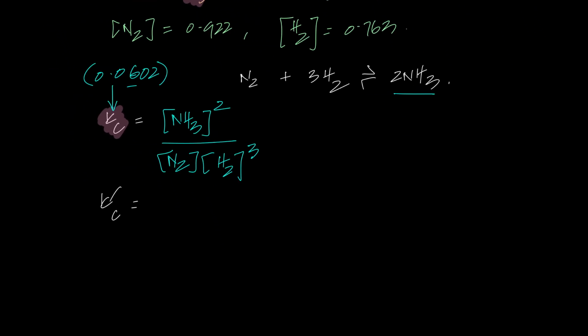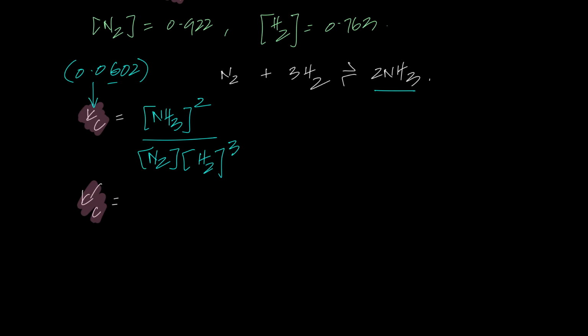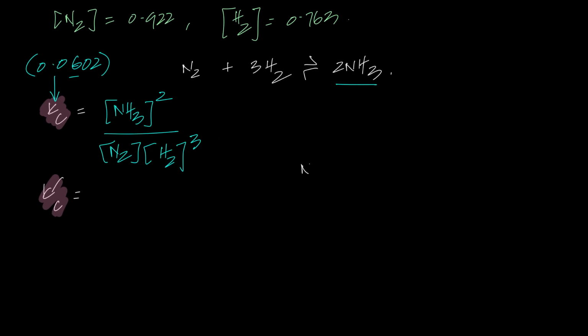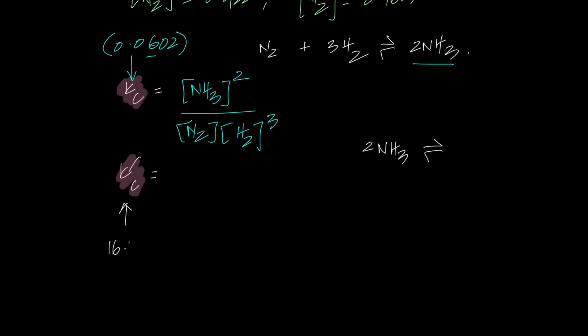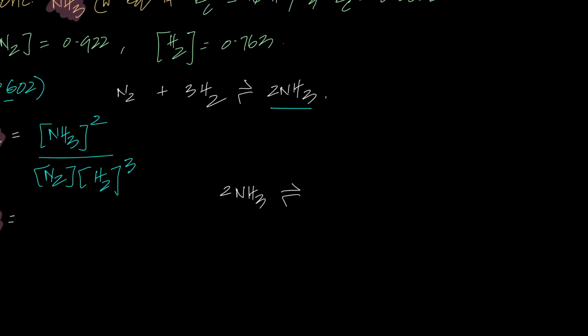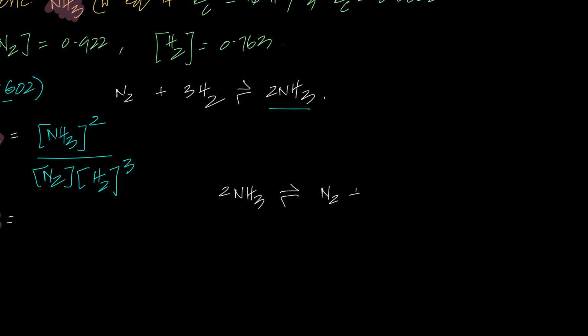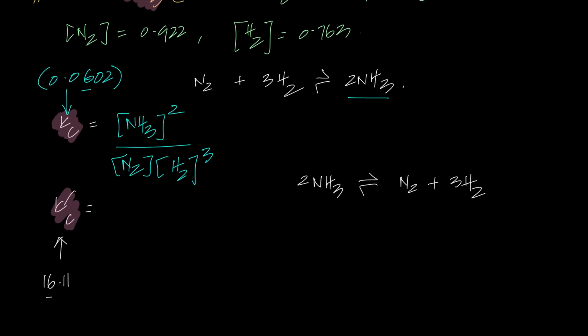But if you want to use the Kc for the reverse reaction, then you'll have to flip the expression as well. These are mistakes that all students tend to make. If I plug in 16.11 here, that's the Kc of the reverse reaction, so I'll have to write the reverse reaction, which is N2 plus 3H2 on the product side.